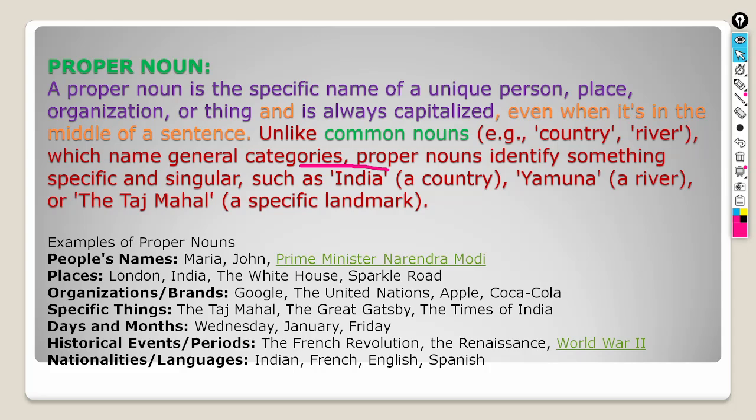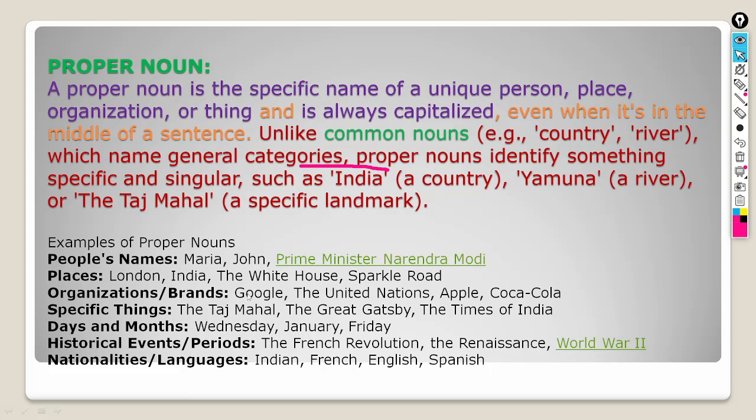Now, examples of the proper nouns. So when it refers to the name of the people like John Milton, Maria, then they are proper nouns. When you're talking about the places like Guwahati, India, London, the White House.